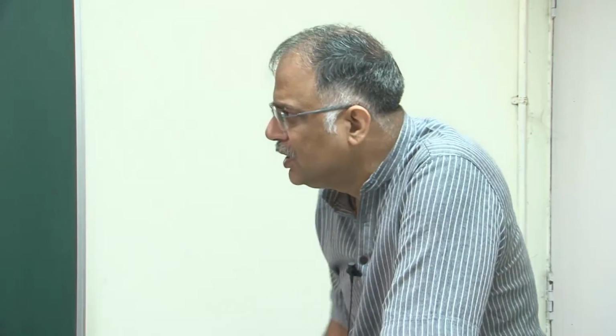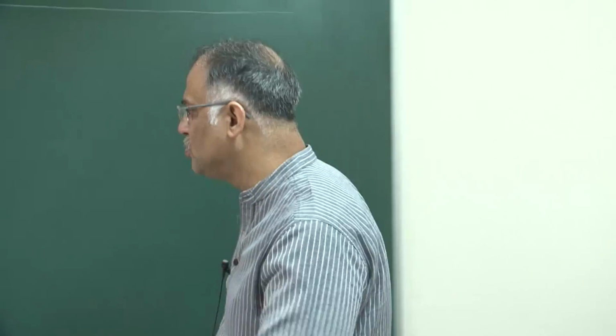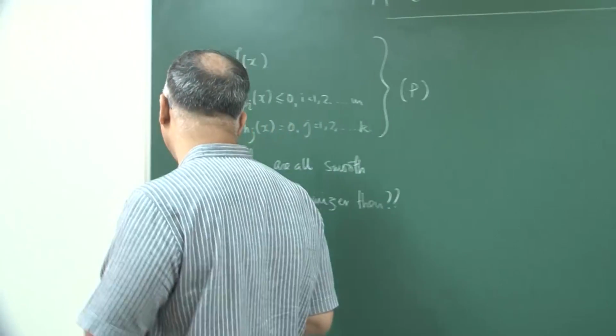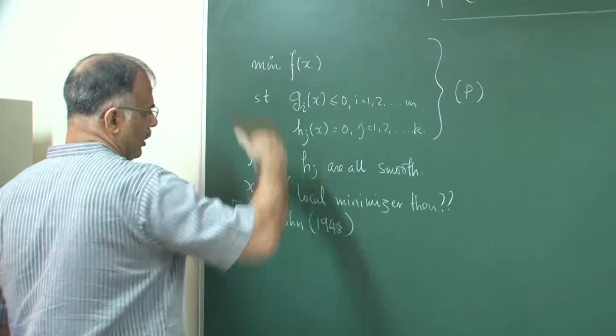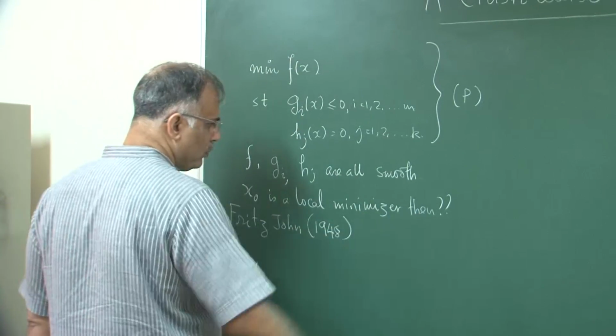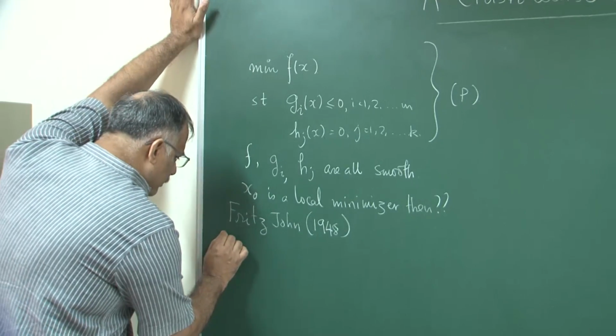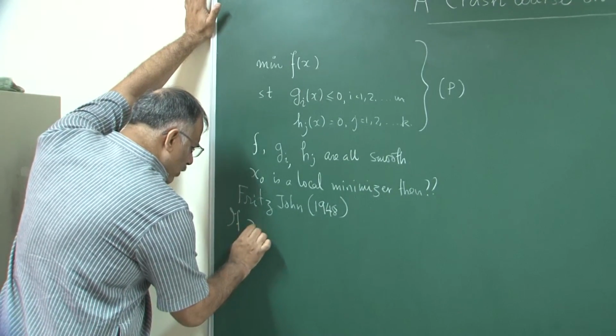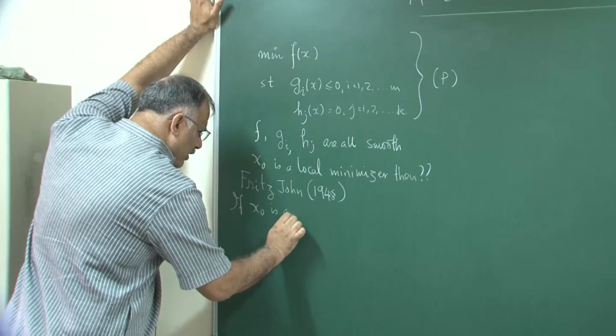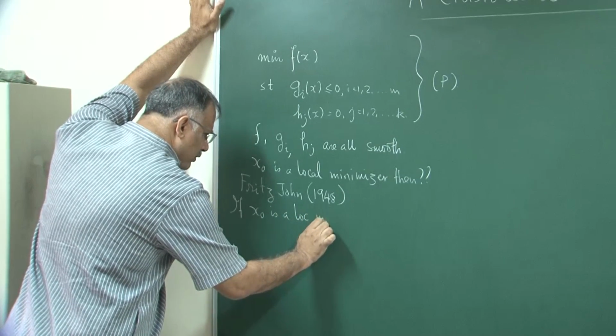But this is one of the most fundamental conditions that we need to know when we study basic optimization. Fritz John conditions do not require any additional condition. It tells you, if you have smooth functions, this is the problem, and x naught is a local minimizer, then this will happen.